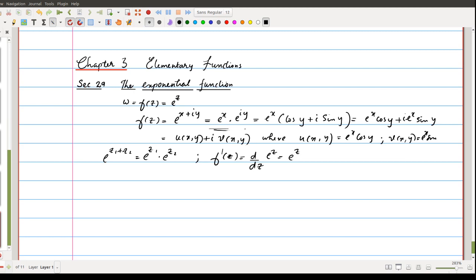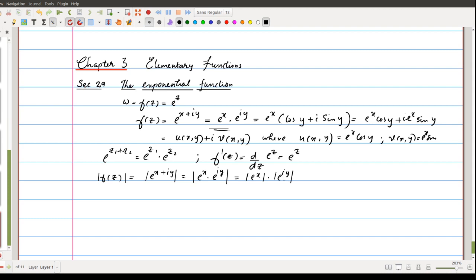So these are interesting properties of the exponential function, and now you can easily verify the modulus of f of z. Modulus of f of z is modulus of e power x plus iy, that is equal to modulus of e power x times e power iy. This modulus can be distributed, that is modulus of e power x times modulus of e power iy.